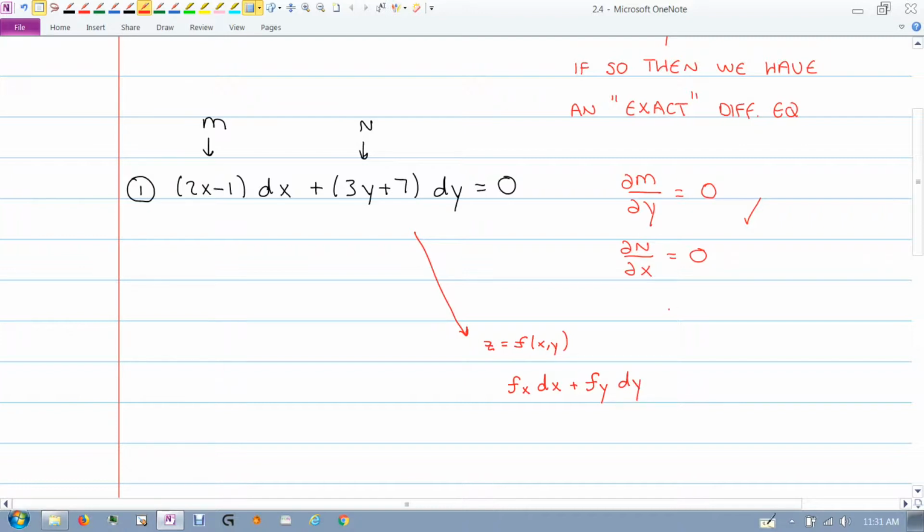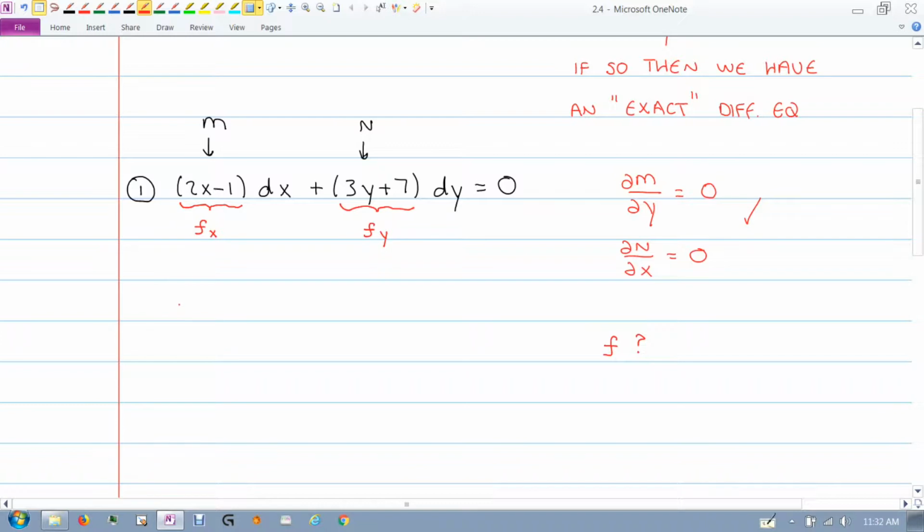So we need to come up with this function f, right? Okay, so to do this, we're going to do something called partial integration. So what we can see is we need this right here to be the partial of some function f with respect to x, and this to be the partial of some function f with respect to y. Our goal is to figure out, again, what is that f equal to.